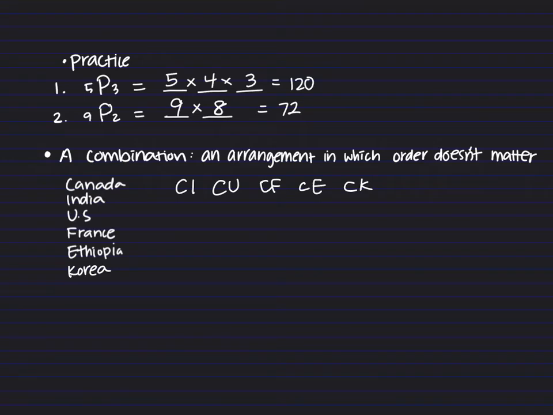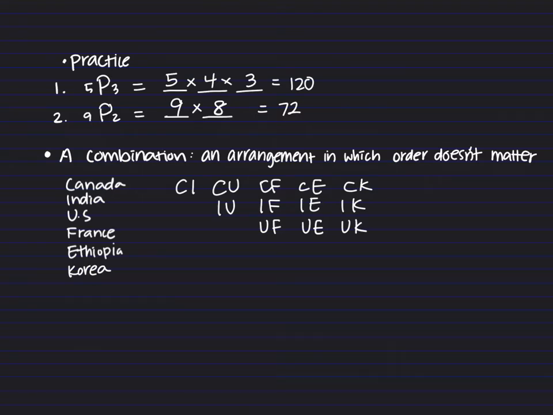How about for India? Because I already had Canada and India paired up, I just have to find India and US, India and France, India and Ethiopia, India and Korea, and so forth. So as I go down the list, I'm going to have 1 less option each time because I'm already using those in the previous options. Just like this, US is then going to have options for US and France, US and Ethiopia, US and Korea.